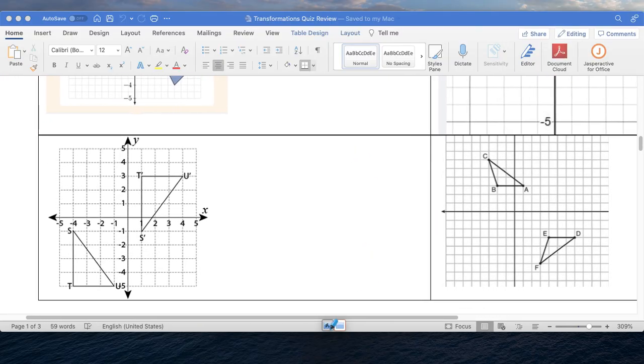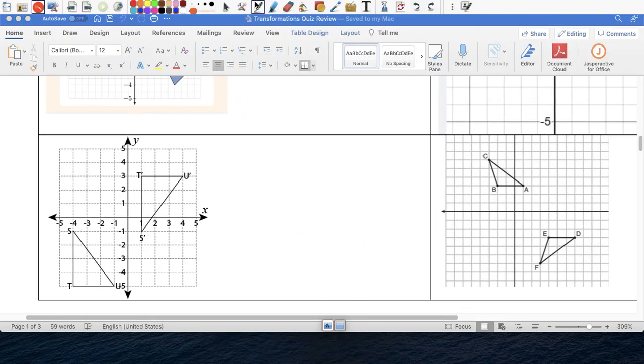This one here, well, looks like the triangle's upside down. Can you rotate this? Well, you could rotate this. No, I don't think we can, because we rotate point S. So if I rotate this 180 degrees, actually 90 degrees, no, that's not going to work.